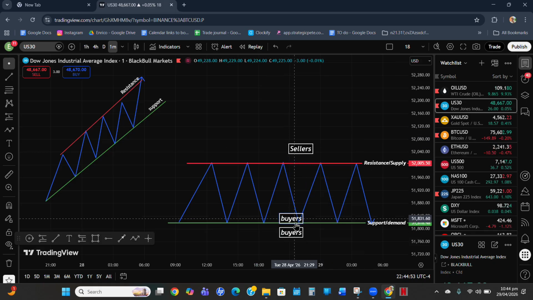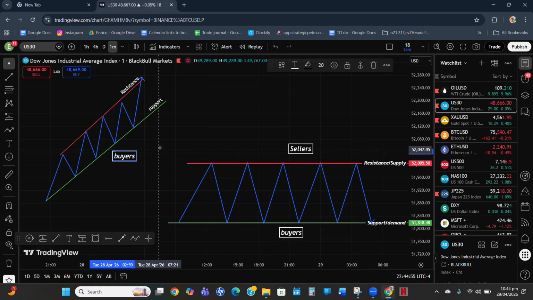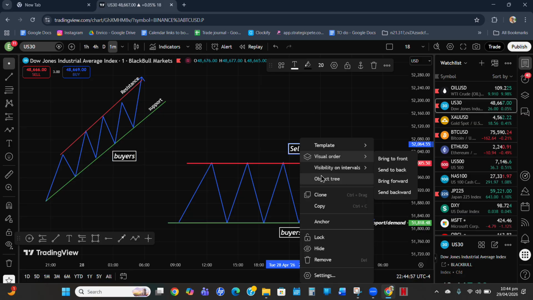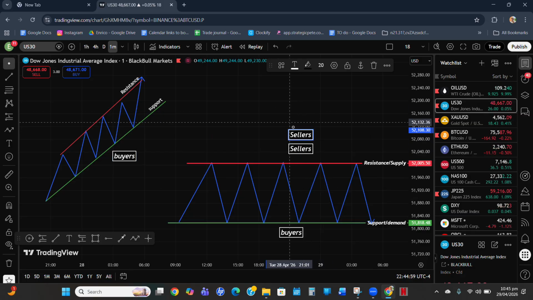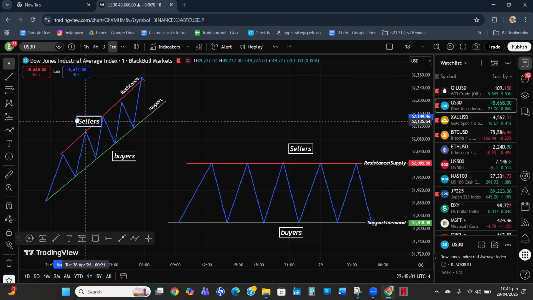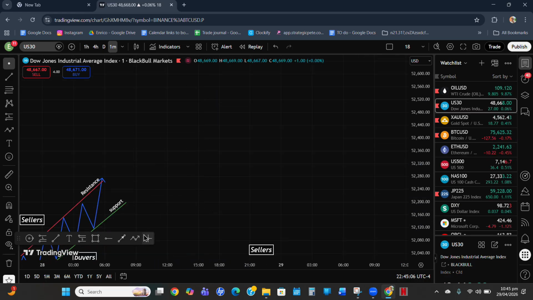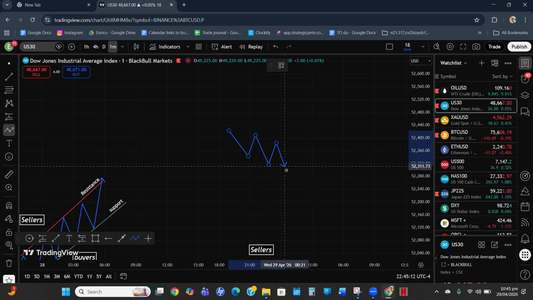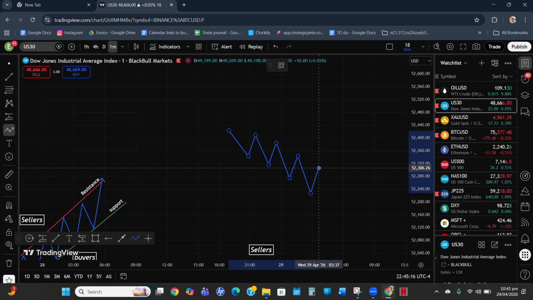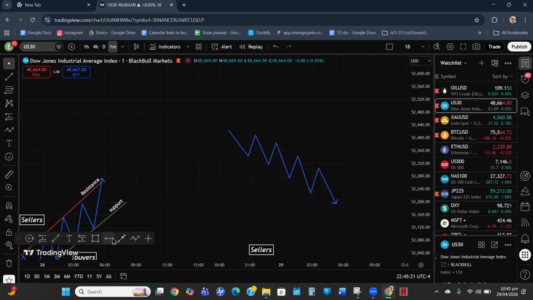Let me clone this. You see it in these types of markets as well. And obviously, you do see it in downtrends as well. So let's make a downtrend. Okay, that is our downtrend.